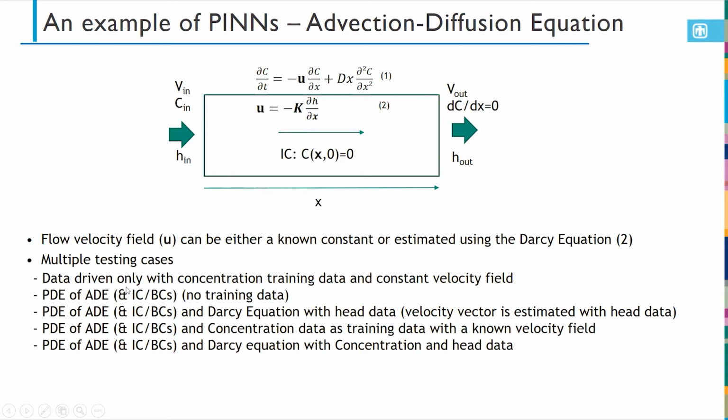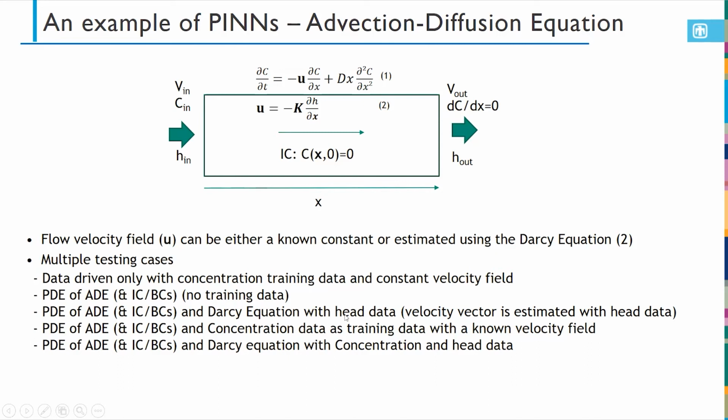We compare a couple of different cases. In the first case, we account for only the PDE versus a pure data-driven model. In the second case, we account for the PDE equation, and we estimate velocity with head data.